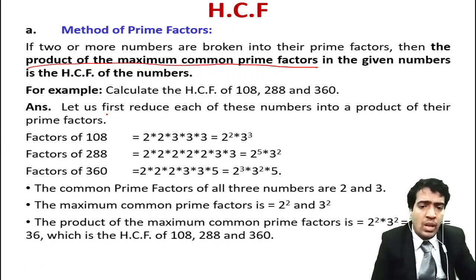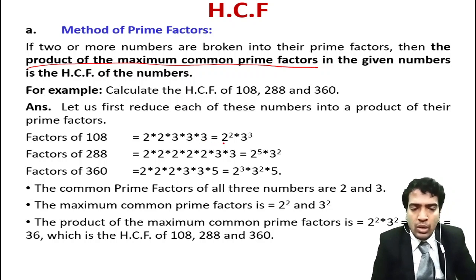First, let us reduce each of these numbers into a product of their prime factors. 108 is a product of 2 into 2 into 3 into 3 into 3. It is a product of 2 2's and 3 3's. Let us check: 2 2's are 4, 4 3's are 12, 12 3's are 36, 36 3's are 108. Yes, we have reduced it properly.